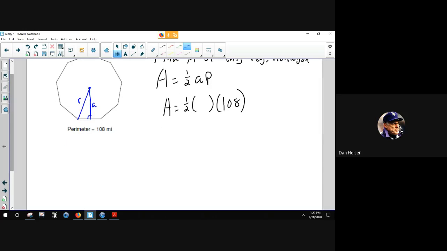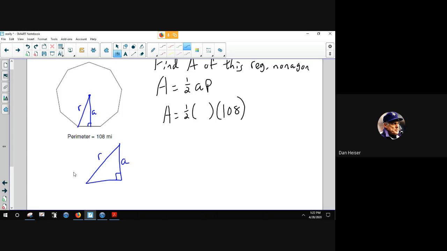Now we have a little work ahead of us. Here's that same triangle. Here's R. Here's A. And I don't know what this side is here. That's what we're trying to find down here. So, because I have a nonagon, I need to know the total number of degrees inside this.